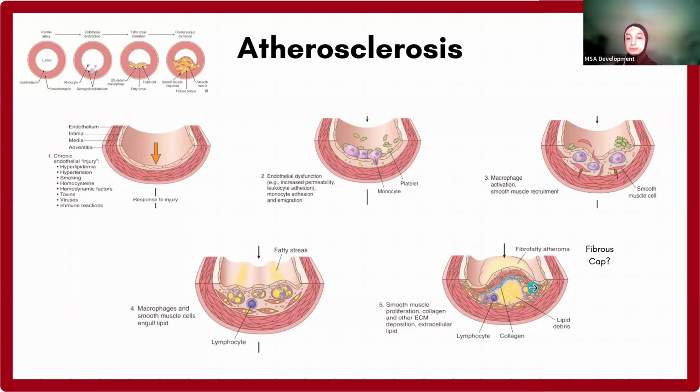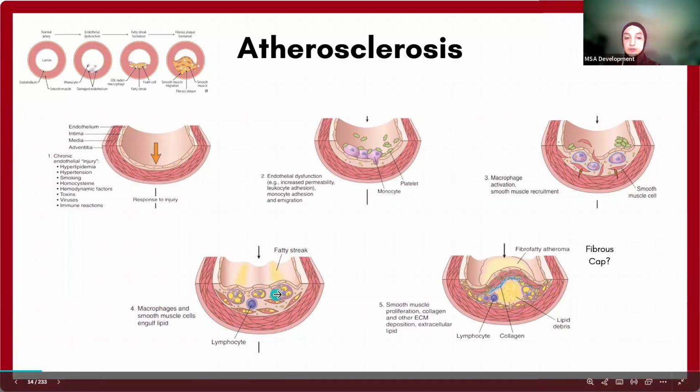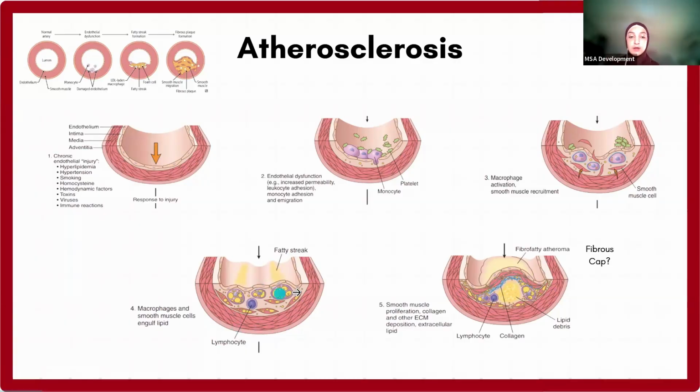Now, as time moves on, there will be a layer of smooth muscle cells forming around the macrophages and the smooth muscle cells that were here. Over time, there will be a layer of smooth muscle forming over it, and then the endothelium over it.